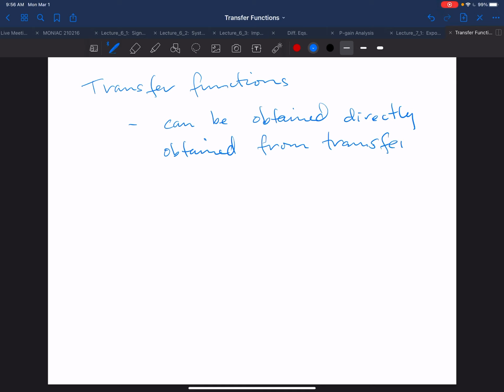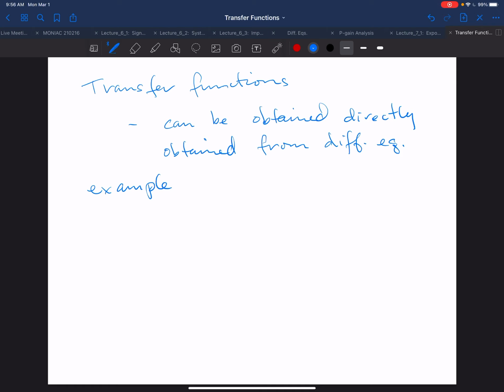So in fact, if we want to compute the impulse response, what we will typically do is actually find the transfer function first, and then use the transfer function, essentially invert the transfer function, find its inverse transform to get the impulse response.